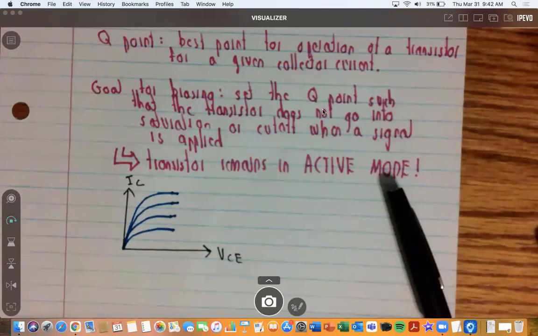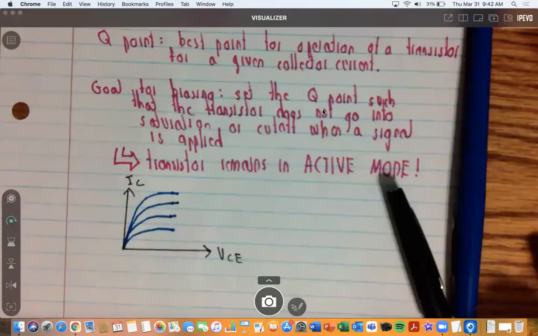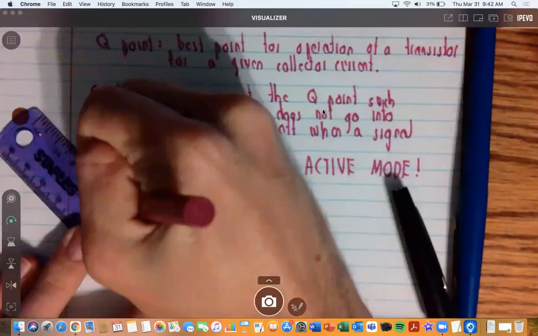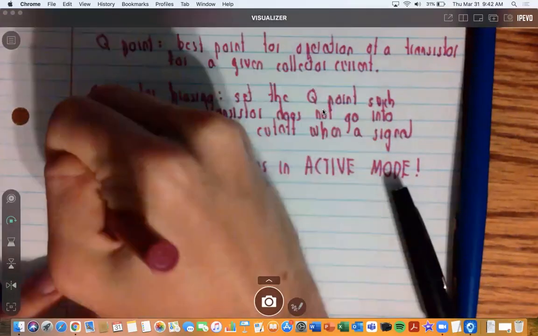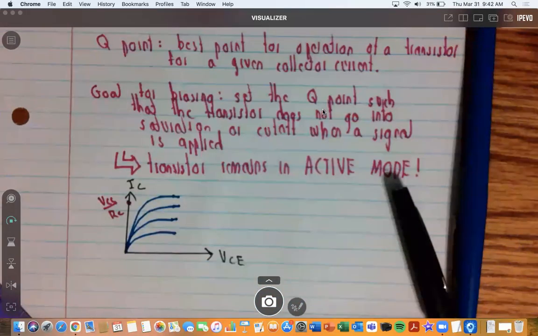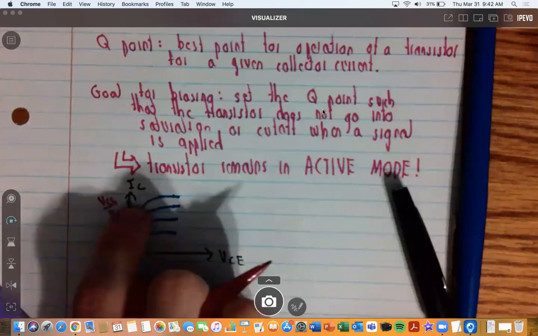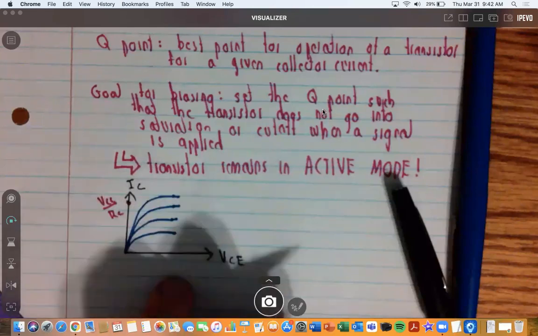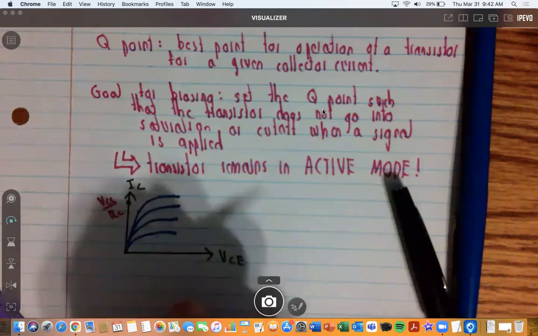And so the maximum point for IC would be, I'm going to say around here. So this would be VCC over RC. That's the max IC can be, at this particular point here. And the maximum for the voltage from the collector to emitter would be VCC.